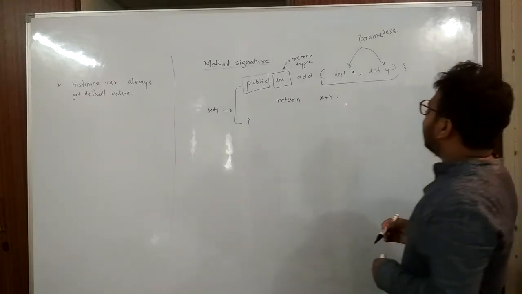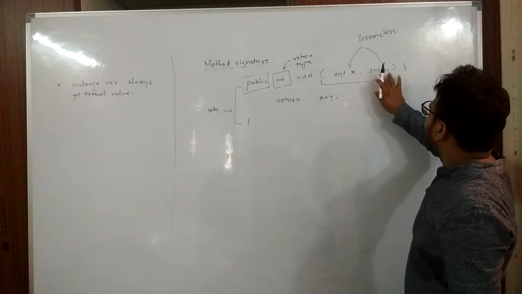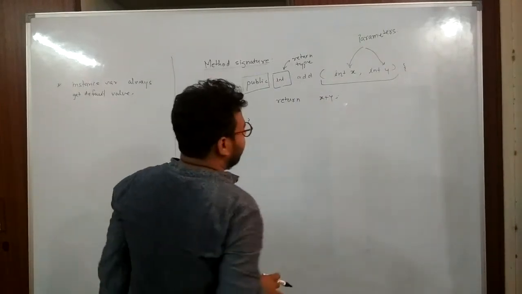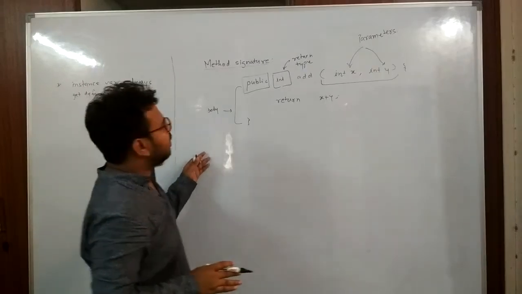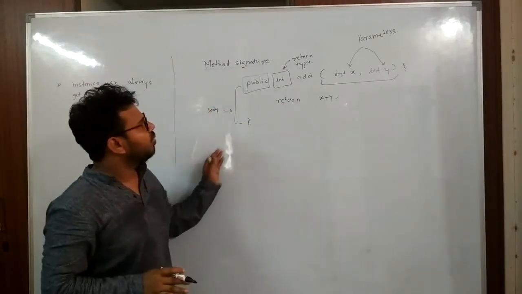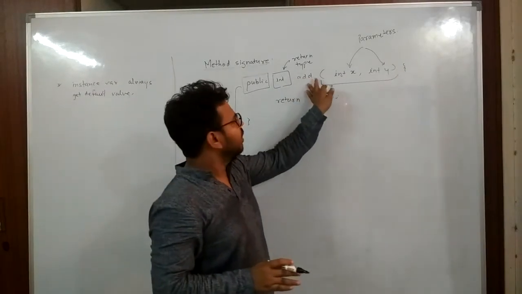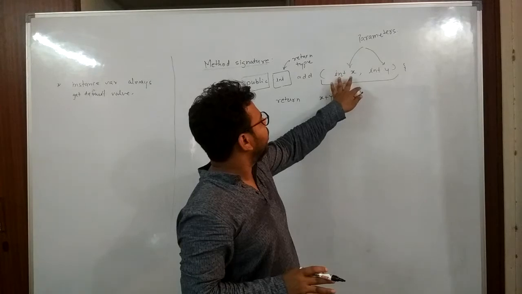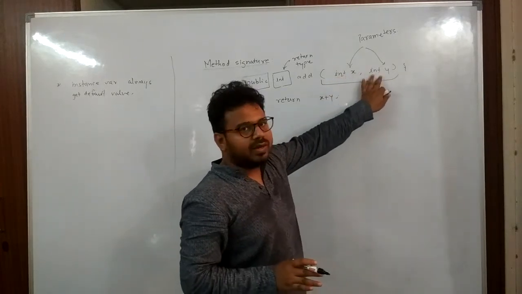Okay, I think you got the concept. These are called parameters. These parameters are used when we call the add method, where we pass the values for x and y.